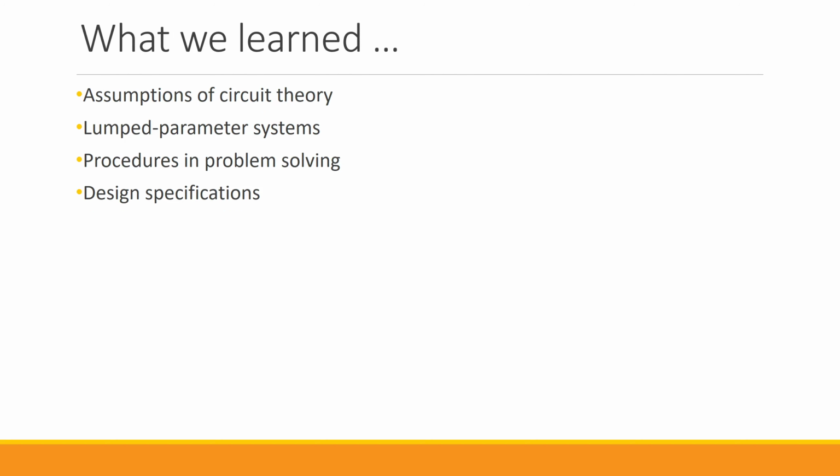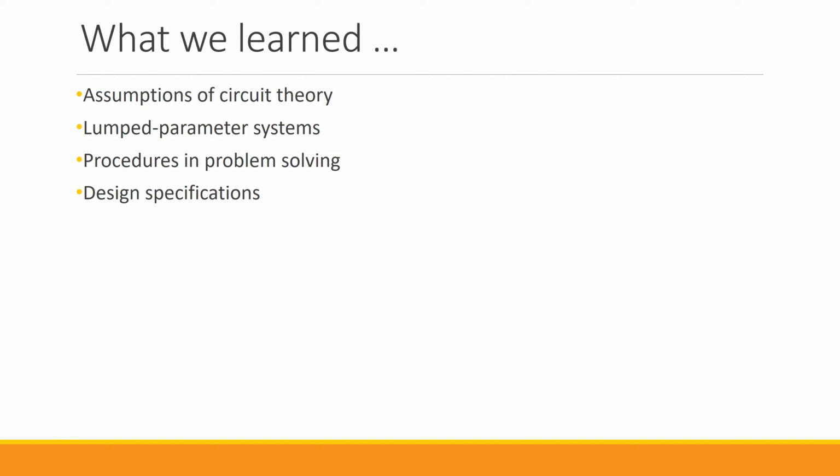In this video, we learned about the basic assumptions of circuit theory. I did a little bit more explanation on the lumped parameter systems and how we can see what is the appropriate size for our circuit to be still considered as a lumped parameter system, because if a circuit is not a lumped parameter system, that means that the analysis is more cumbersome and it basically falls out of the scope of this course.